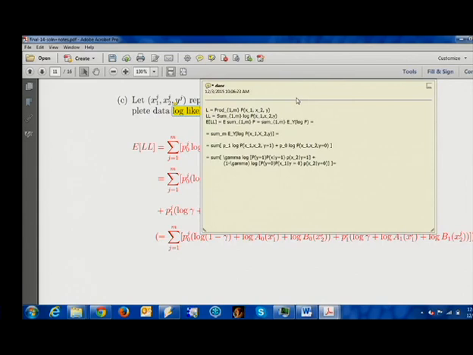I have m examples, and the examples are assumed to be independent. So the likelihood is the product over all m examples of this joint, p of x1, x2, y. I'm omitting the j here, but there is a superscript j on each one of these letters. Now for the log likelihood, I'm taking the log, so it's the sum from 1 to m of the log of this joint.